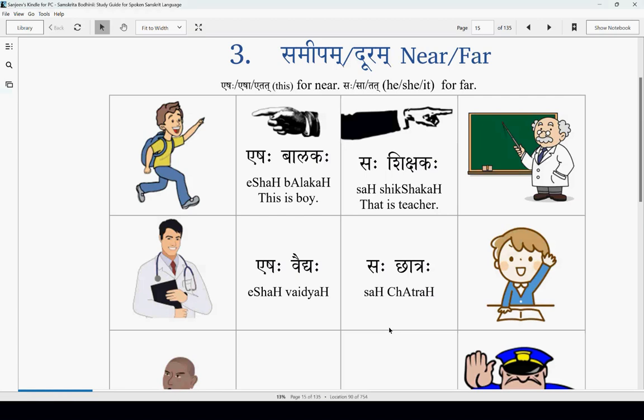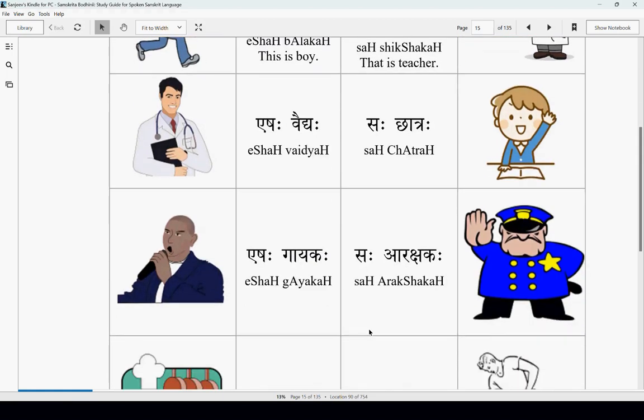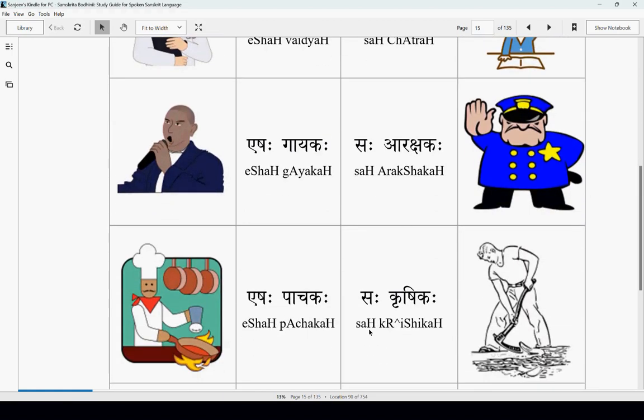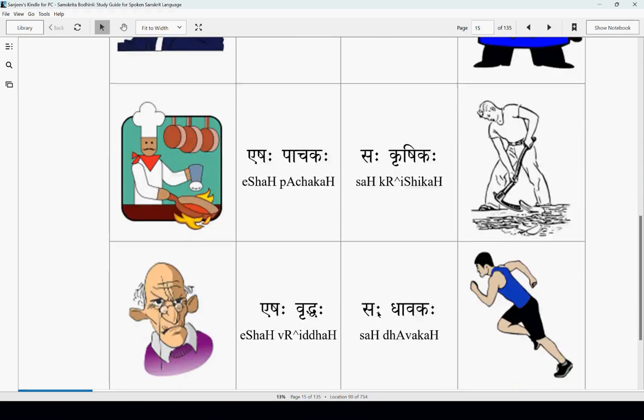So the same thing is in this book also, as lesson number 3 here. एषः बालकः सः शिक्षकः एषः वैद्यः सः छात्रः एषः गायकः सः आरक्षकः. एषः गायकः, here this means a singer. आरक्षक, policeman. एषः पाचकः means cook. सः कृषिकः, कृषिकः means a farmer, he is a farmer.